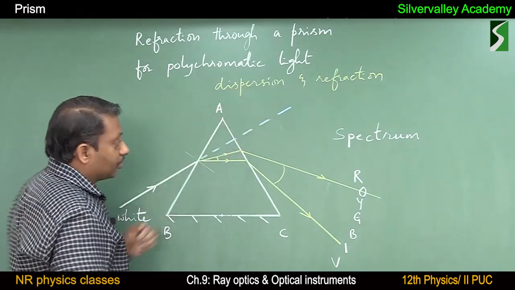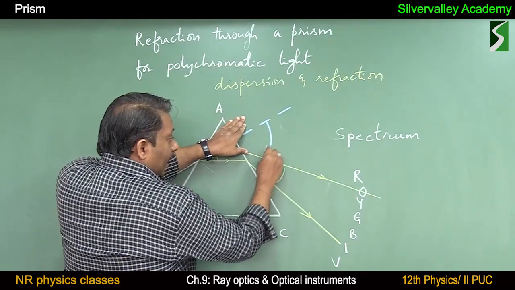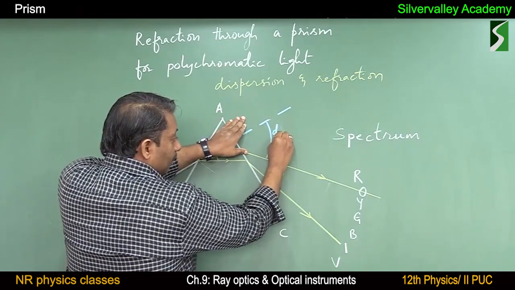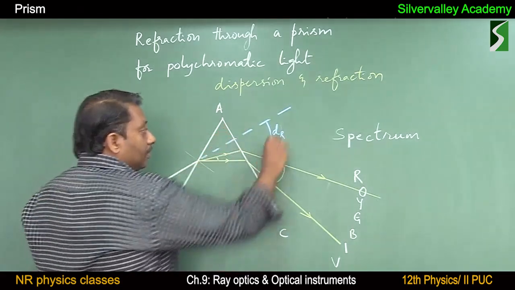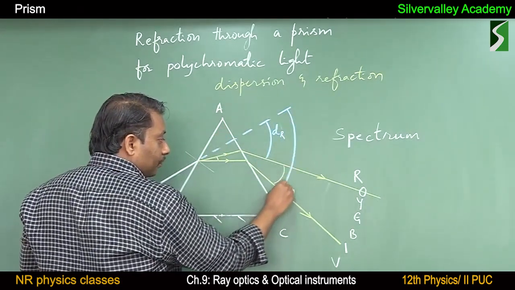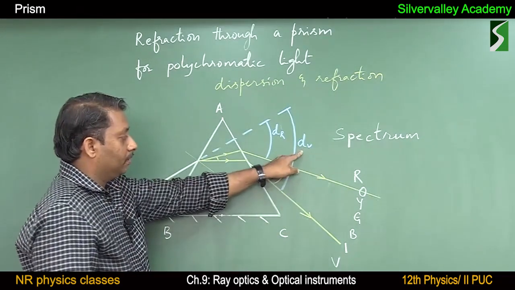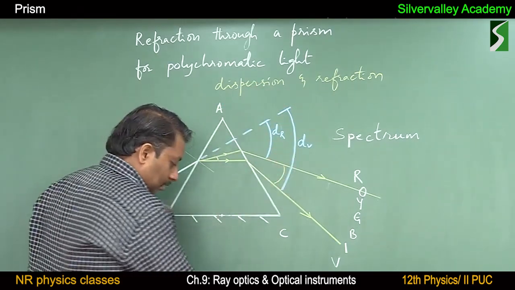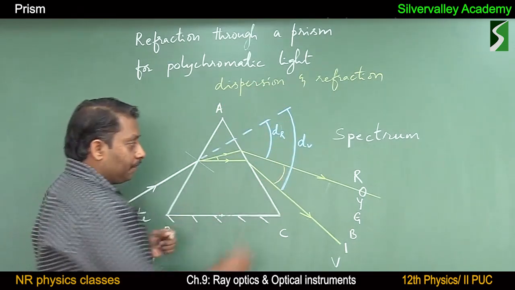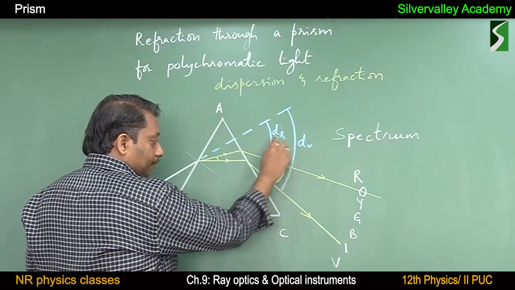Now with respect to direction of incidence, this angle is the angle of deviation or deviation for red. This angle is deviation for violet. Violet, direction of incidence, deviation for violet. And if you carefully observe, this angle is the difference of these two.